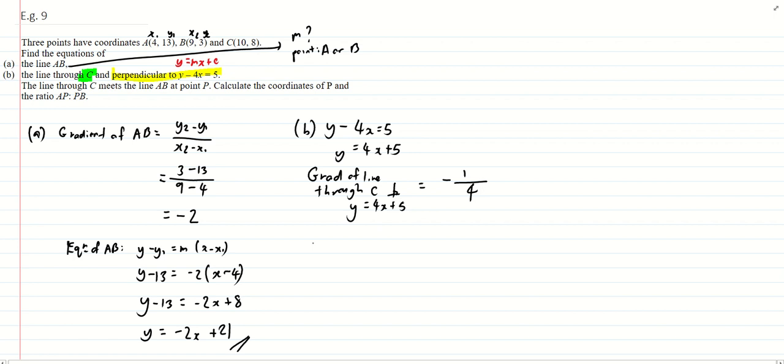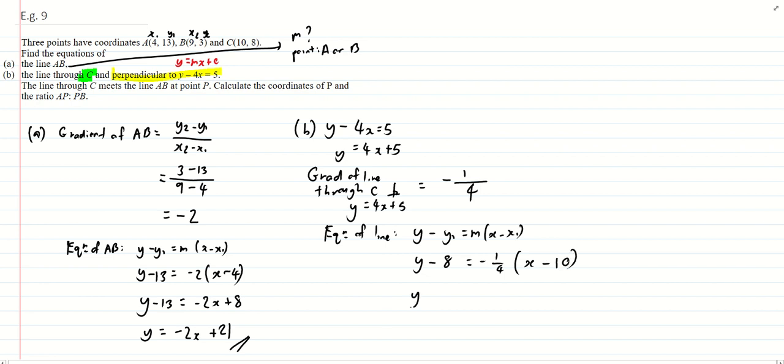I have the point C. So the equation of the line will be simply y minus y1 equals m bracket x minus x1. Point C is (10, 8). So y minus 8 equals negative 1 over 4 bracket x minus 10.